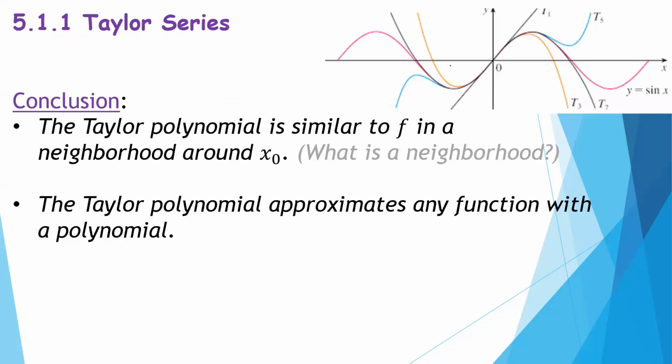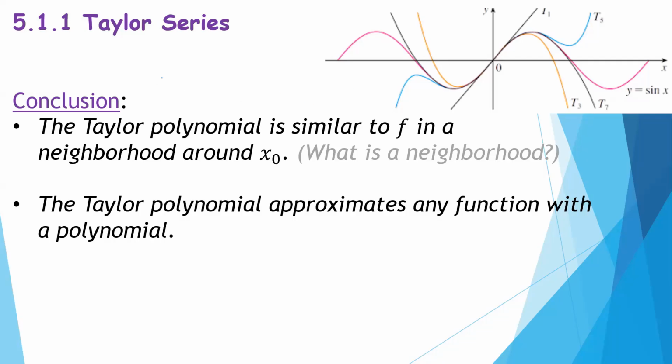So to conclude, the Taylor polynomial is similar to f in a neighborhood around x0, close to x0. What is a neighborhood? Of course, this depends on the quality of your approximation. We can approximate any function by a Taylor polynomial.